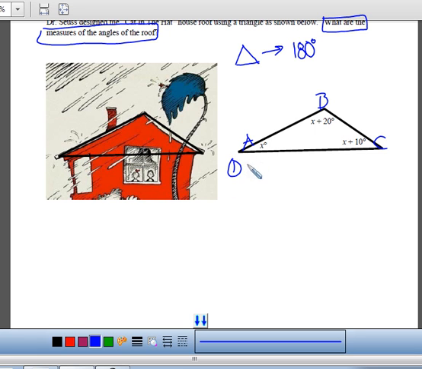So I've got the measure of angle A plus the measure of angle B plus the measure of angle C equals 180 degrees.